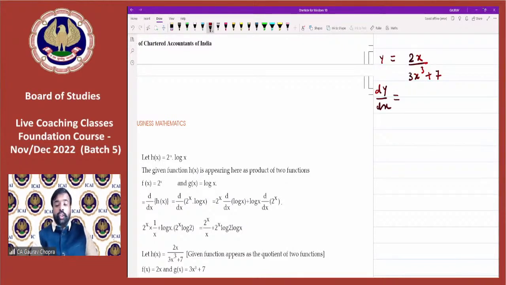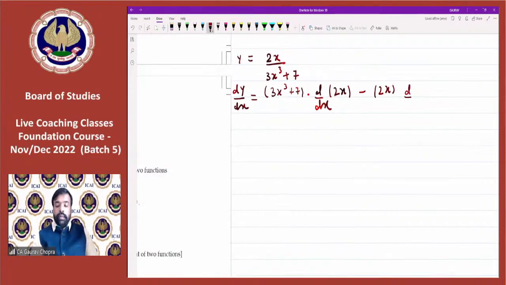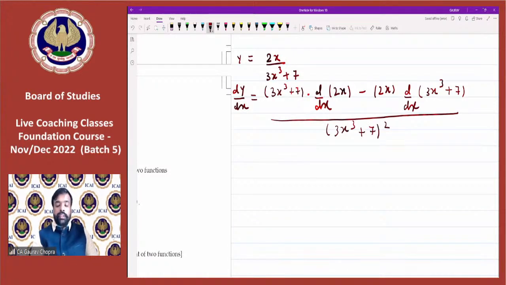First of all, the denominator will remain as it is. So 3x cubed plus 7 multiplied by dy by dx of 2x, minus. This time 2x will remain as it is, multiplied by dy by dx of 3x cubed plus 7, whole divided by 3x cubed plus 7 whole square.